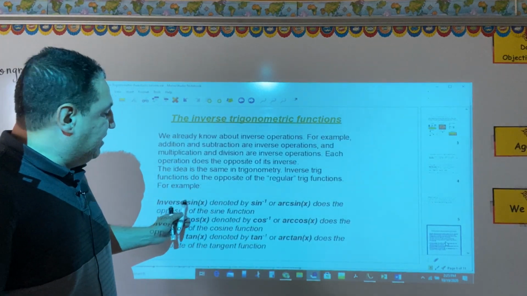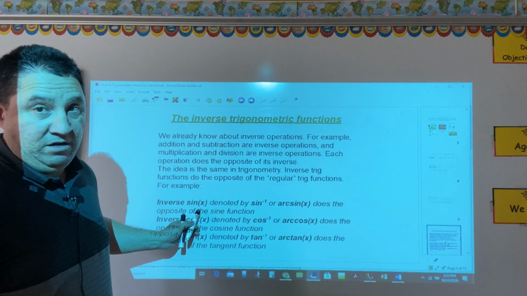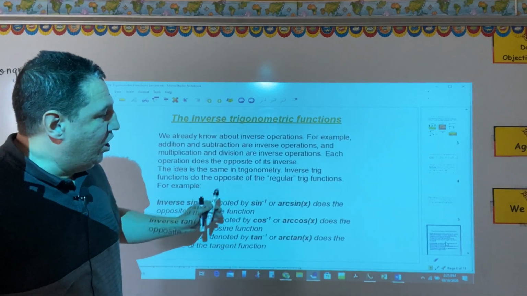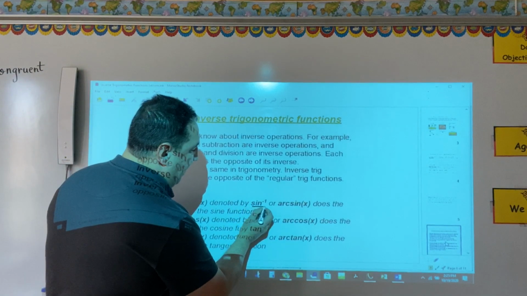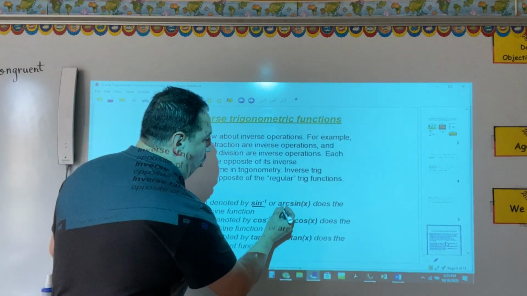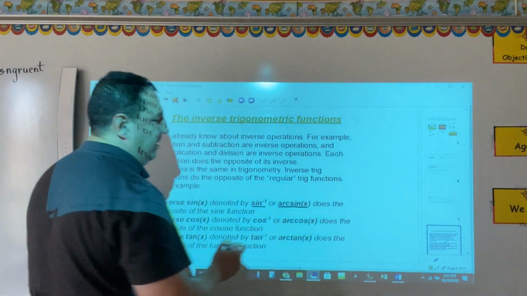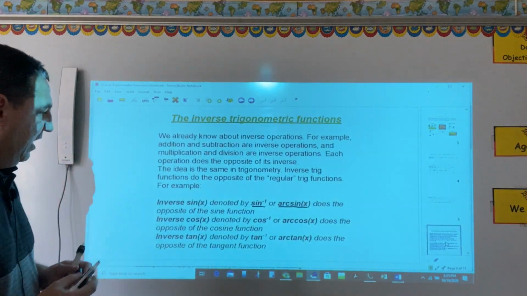The inverse of sine would be denoted by sine of -1 or arc sin of x.